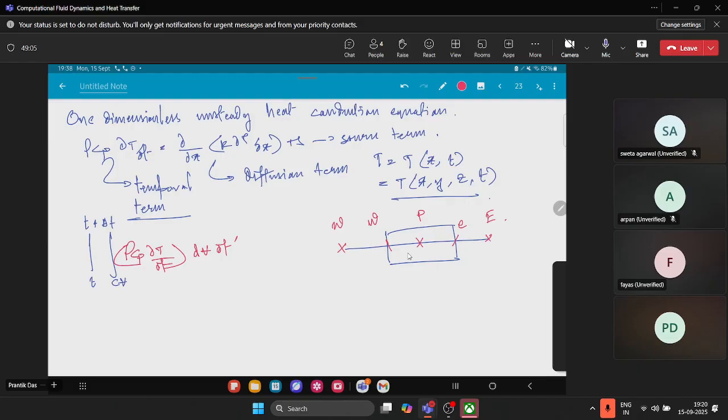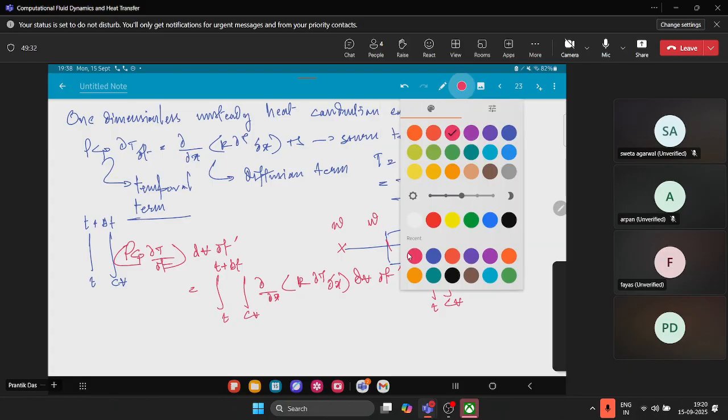This is equal to the integral from t to t plus delta t over the control volume of d/dx of k dT/dx dV dt', plus the integral of S dV dt' over the control volume and t to t plus delta t. Is it clear to all of you?